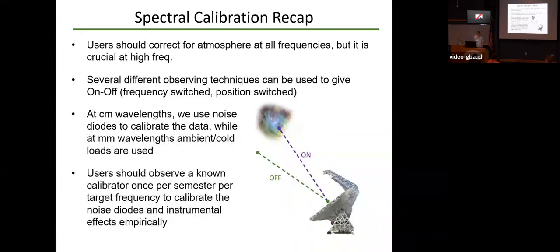Yep. In the atmospheric correction, is nodding only useful for galactic surveys, or is it also used for compact objects? Is nodding only good for galactic or extragalactic as well?